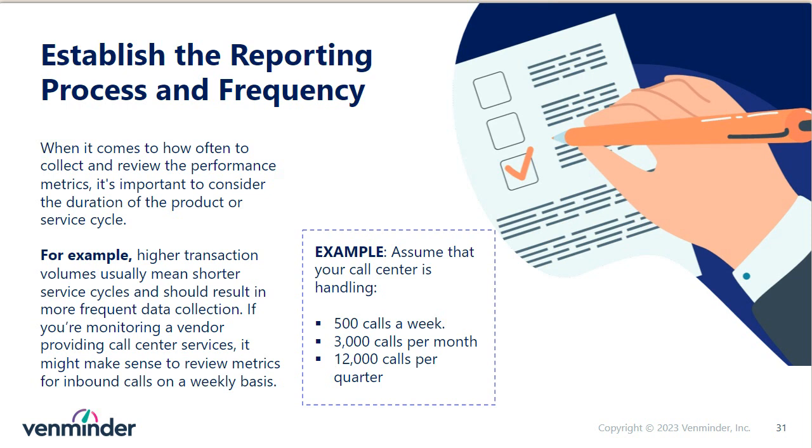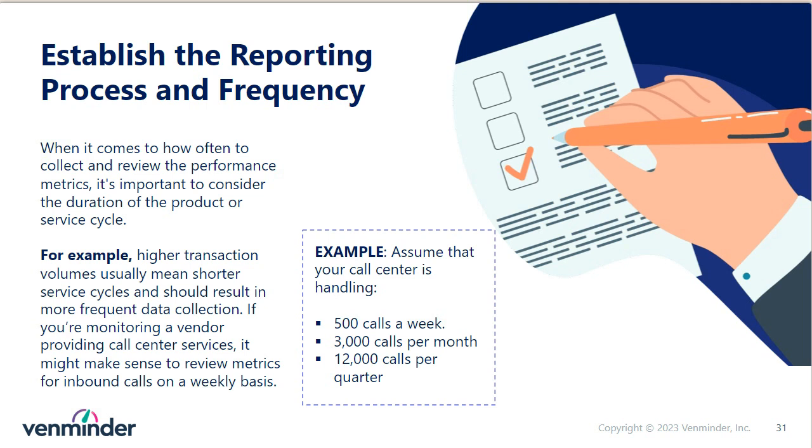Each one of those calls presents the opportunity for something to go good or bad, and in some cases very bad. In this situation, we would want to look at that data more frequently because if we don't spot trouble early, there are a lot of opportunities to go wrong. In this case, approximately 3,000 opportunities a month.